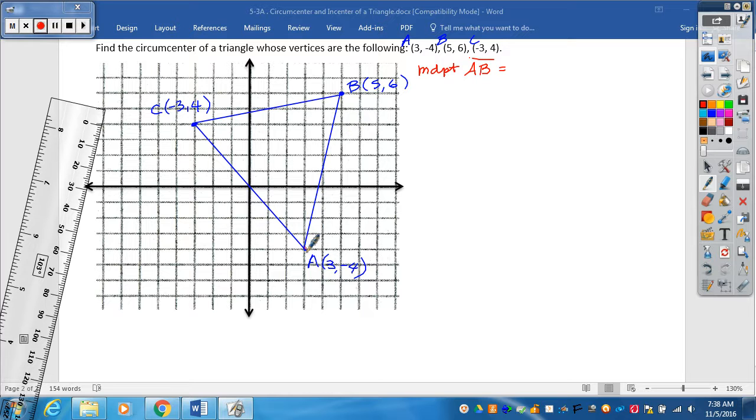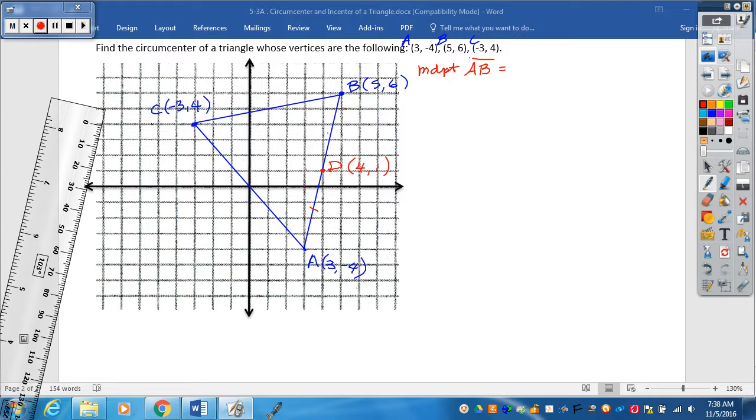The rise is 1, 2, 3, 4, 5, 6, 7, 8, 9, 10. The run is 2. So I can go halfway up, 5, and over 1. That point right there I'm going to label point D, my midpoint of AB. And you can look at it, it looks like the midpoint. So that is over 4 and up 1.